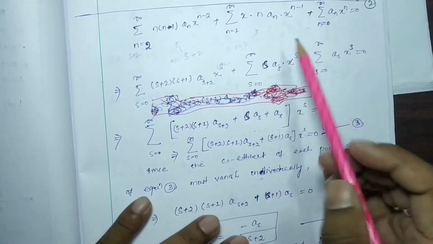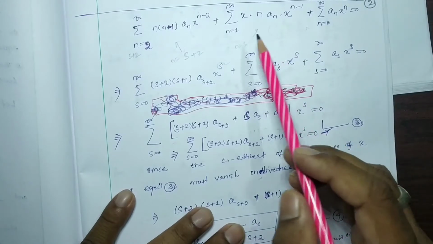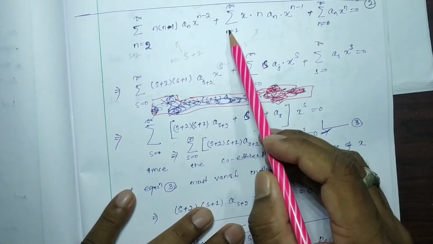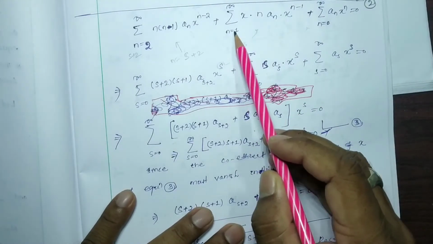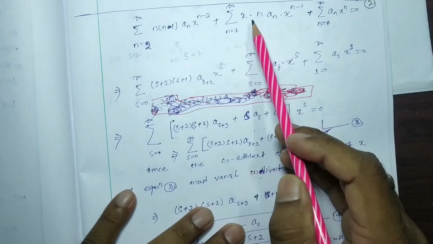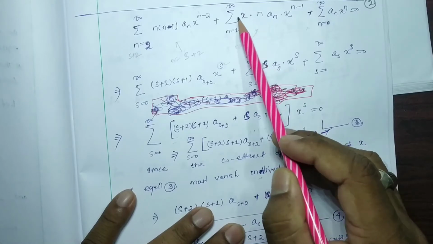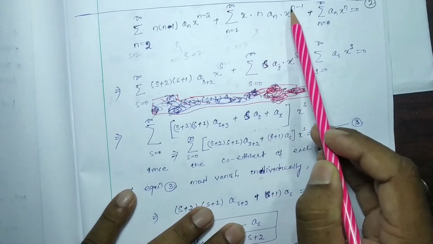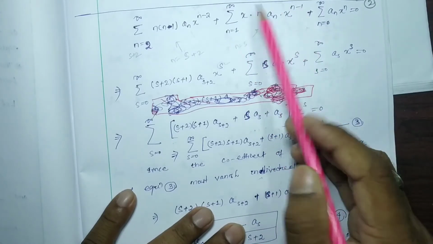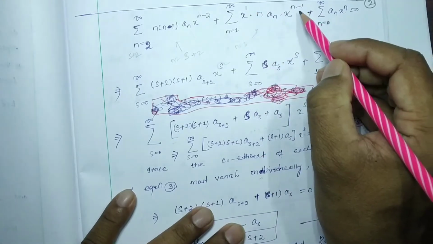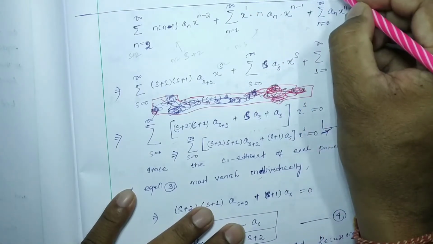Okay, here if we consider n equal to s, it will be s equal to 0 to infinity. Here one x is there, x to the power n minus 1, so x to the power 1 and x to the power n plus 1, that means x to the power n.